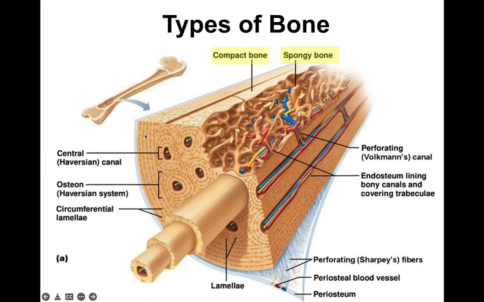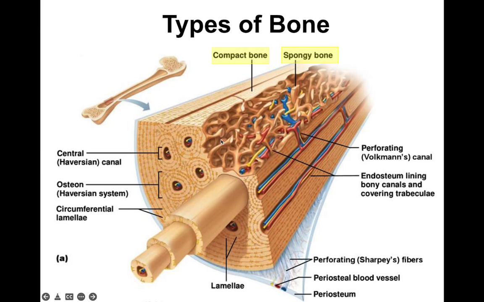And like cartilage, bone is also covered with periosteum externally. Periosteum has two layers, an outer fibrous layer and an inner osteogenic layer. It's homologous with perichondrium, which also has two layers, outer fibrous and inner chondrogenic. In addition to periosteum, bone is lined internally with endosteum.